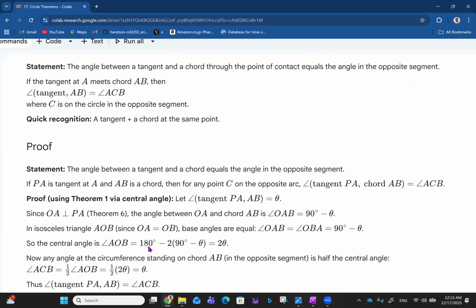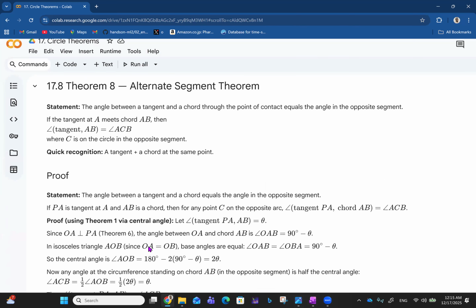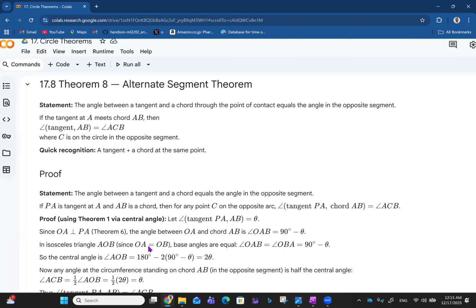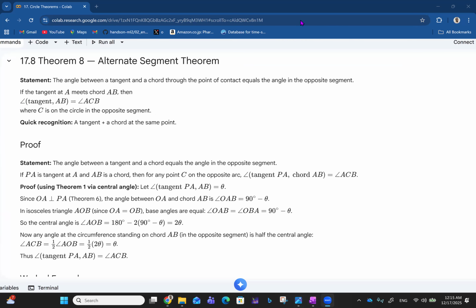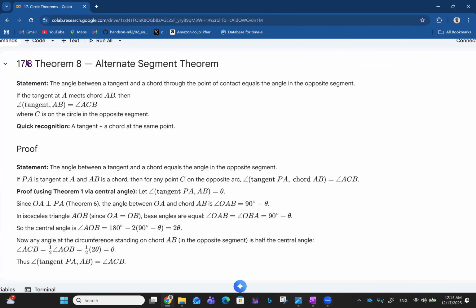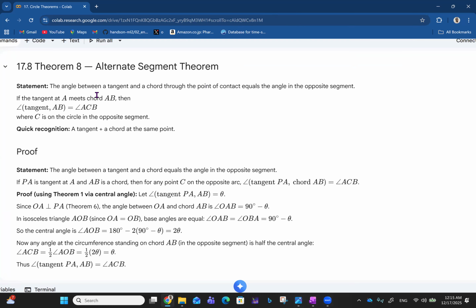So theorem 8 now. It's talking about the alternate segment theorem. The angle between a tangent and a chord through the point of contact equals the angle in the opposite segment.